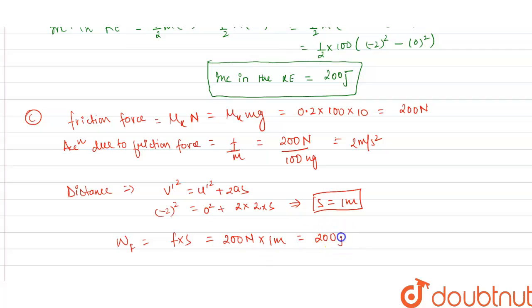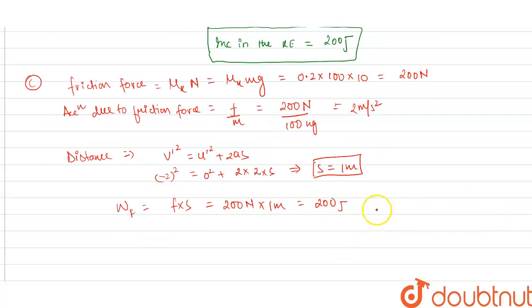Correct. Now the work done by the belt to give the final velocity. The belt is also doing work to give the final velocity of 2 meter per second. So work done by the belt is given as half m v dash square. Where half m is 100 and v dash is minus 2, and minus 2 whole square is 4.